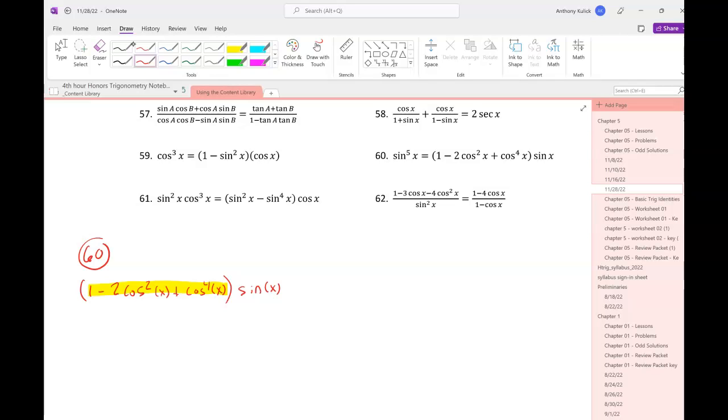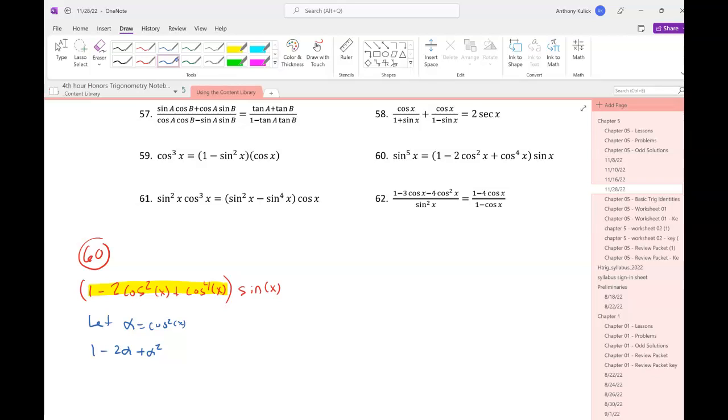So this will just factor the same way. You'd have something like that. So I'm just looking for two things that multiply to give me 1 and add to give me -2.